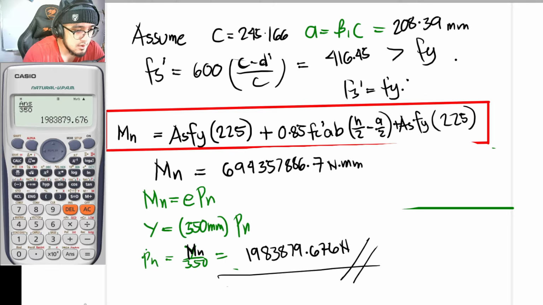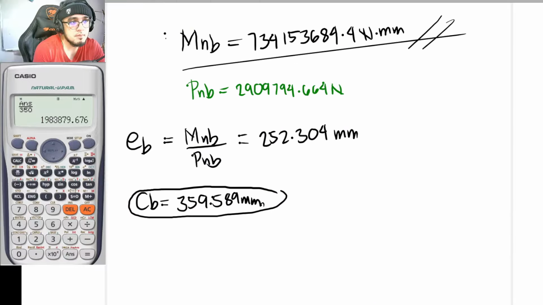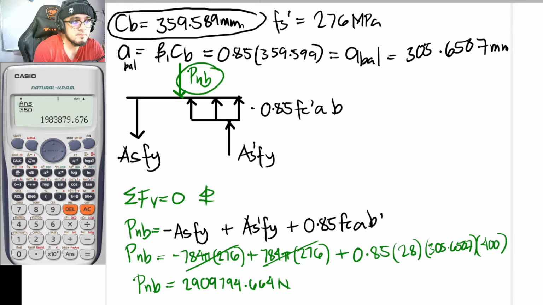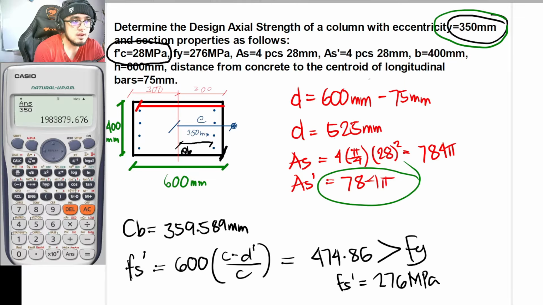This is now the value for your Pn right now. So guys, do not memorize this 350. This 350 mm right here was actually given in the problem. This is our desired value for eccentricity E.